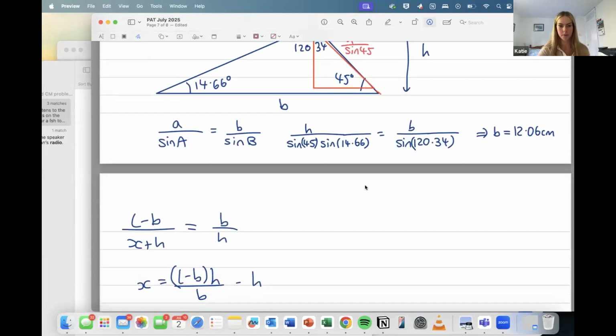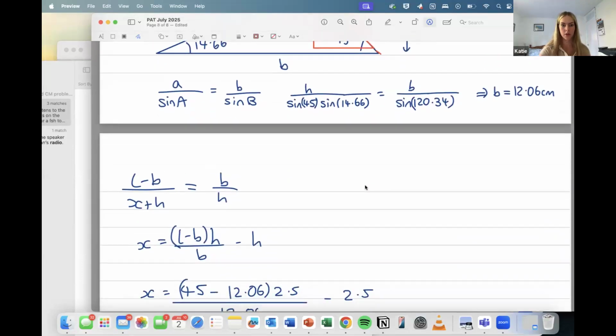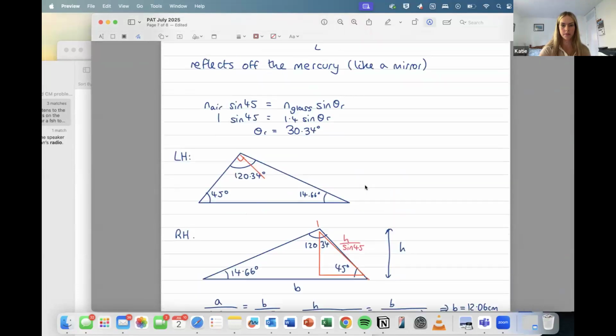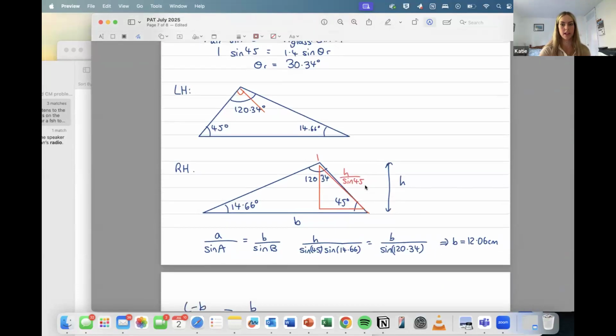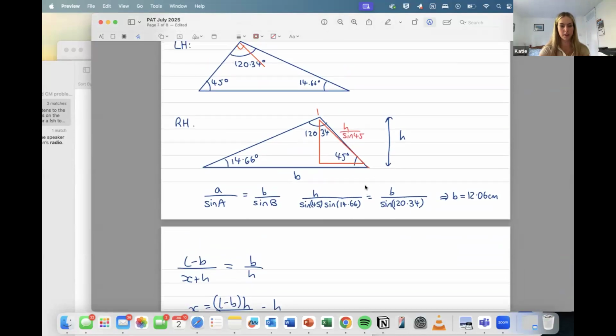So now we know what b is, we can think about similar triangles. These two triangles have all the same angles, so the ratio of their sides and their heights must be the same.